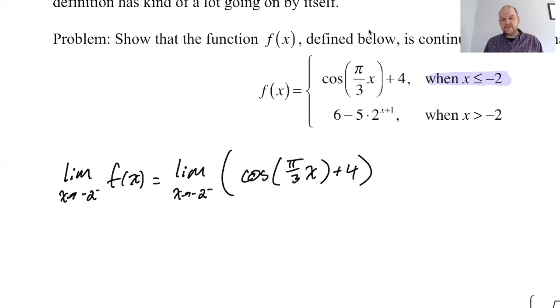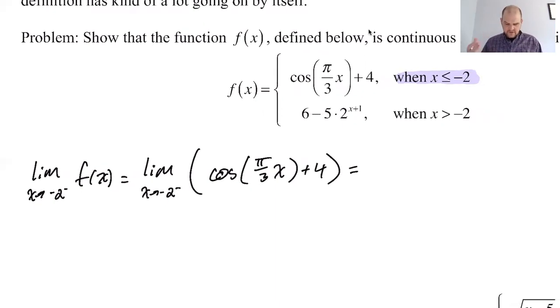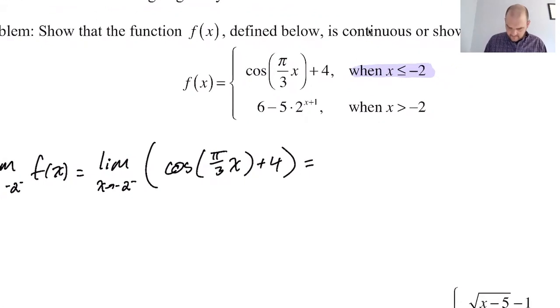And then this will be equal to the cosine of -2 pi over 3. Cosine's an even function, so the cosine of -2 pi over 3 is the same as the cosine of 2 pi over 3. Either of those, it doesn't really matter, is going to be -1/2. So I'm getting -1/2 plus 4, which is 7/2.